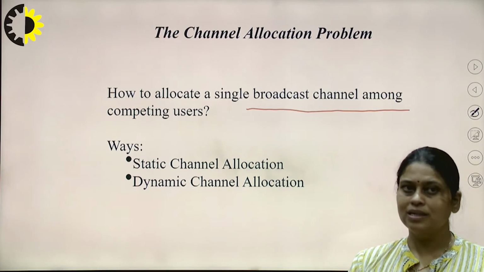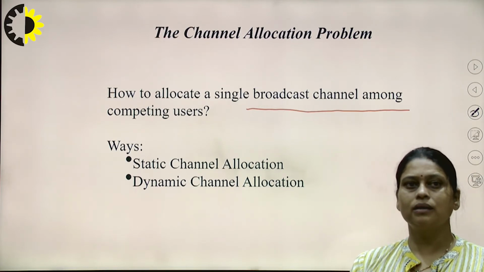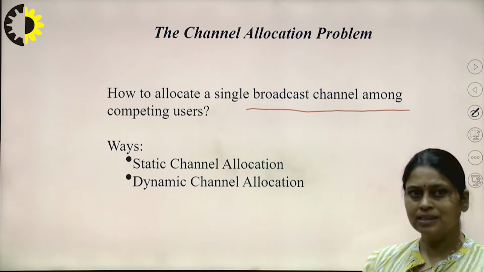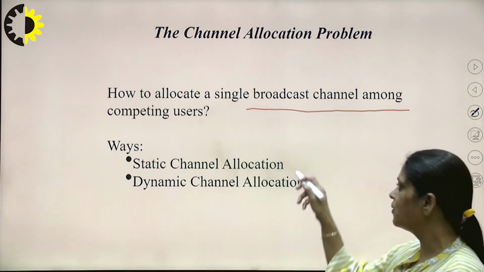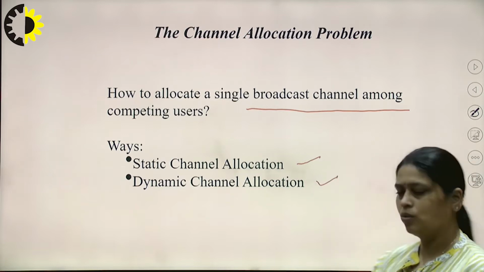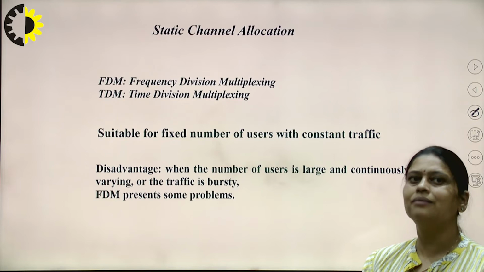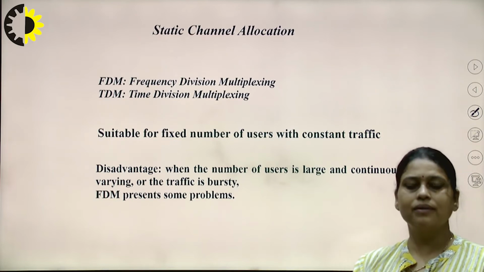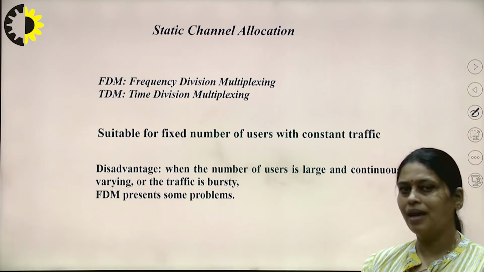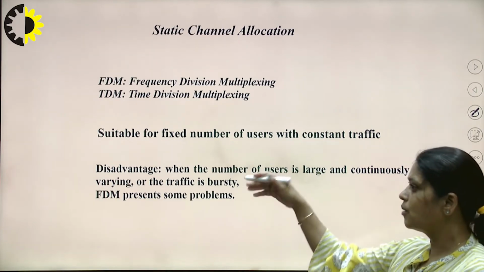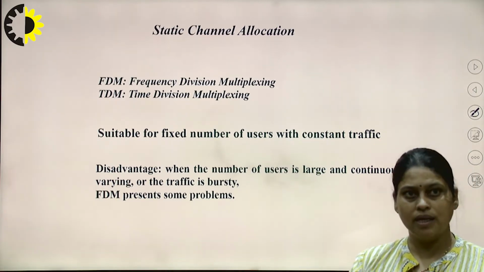For solving this problem, we can divide channel allocation into two main parts. First is static channel allocation and second is dynamic channel allocation. Static channel allocation means we predefine, previously allocate the channel through which a number of sources can transmit the data.